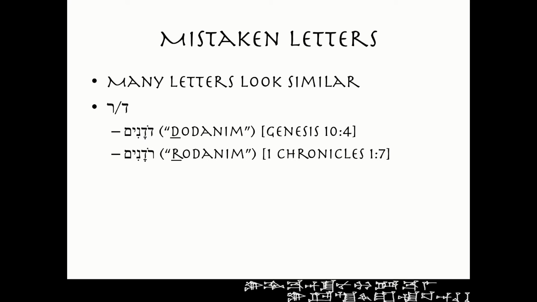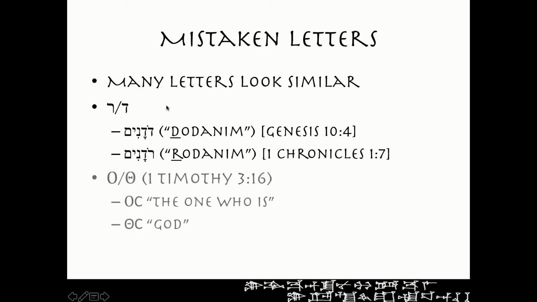But in 1 Chronicles 1:7 we see that same word, rodanim, with an R. The thought is that dodanim was a confusion of rodanim, because the resh and the dalet look so similar. This is the dalet, and this is the resh, and you can see the rest of the word is exactly the same, and how you could confuse these two letters.